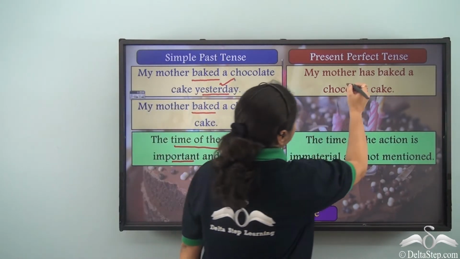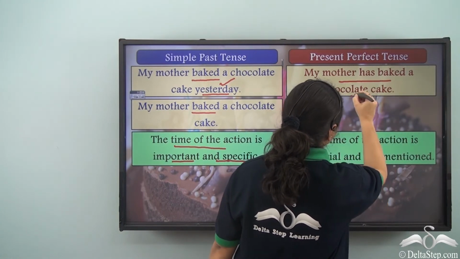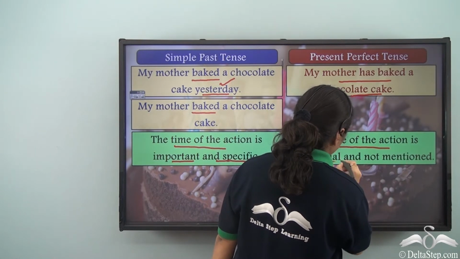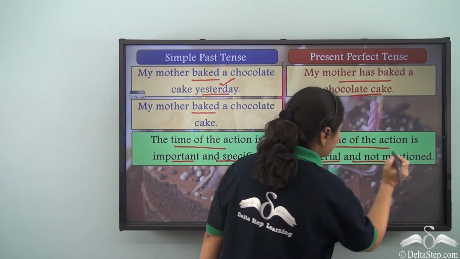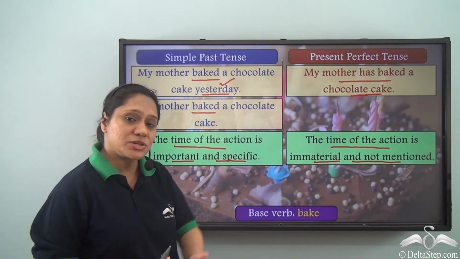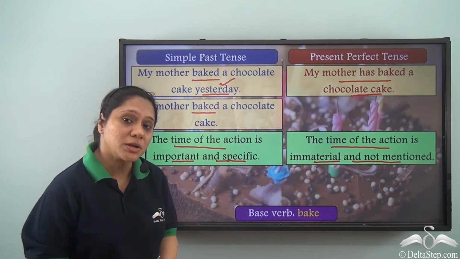In the sentence, my mother has baked a chocolate cake, the time of the action is immaterial and not mentioned. So the time when this action has happened is not important.